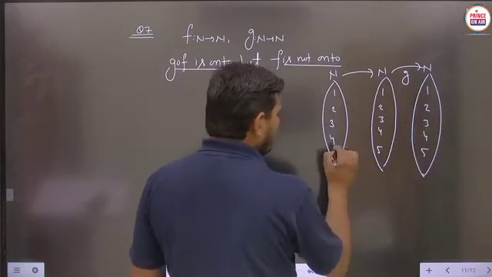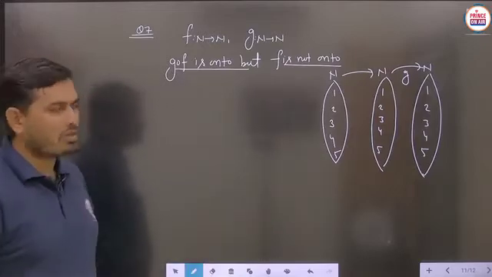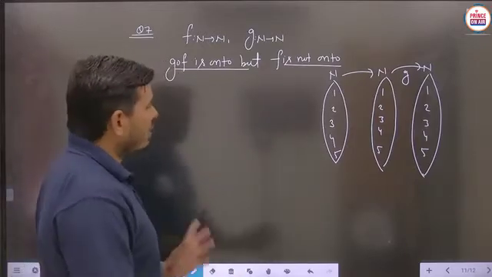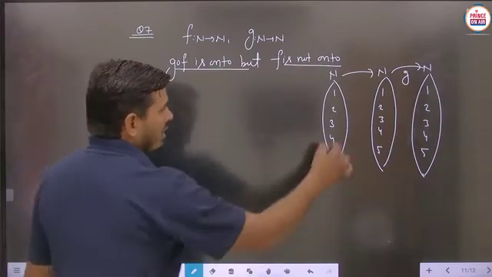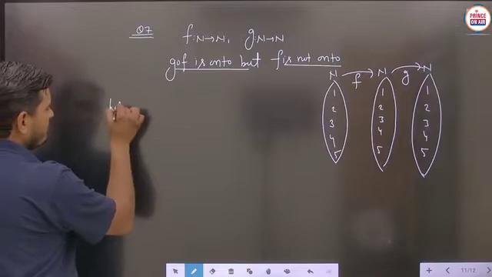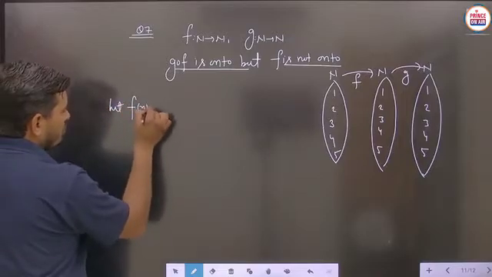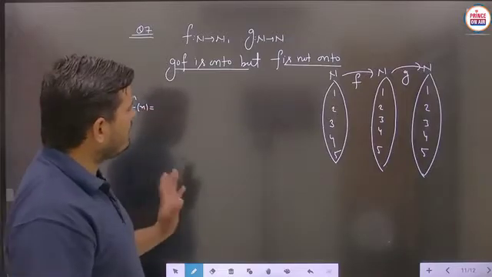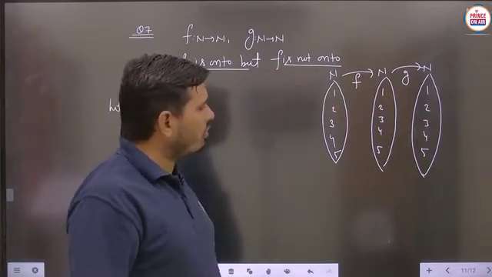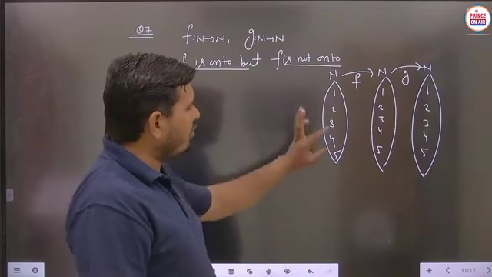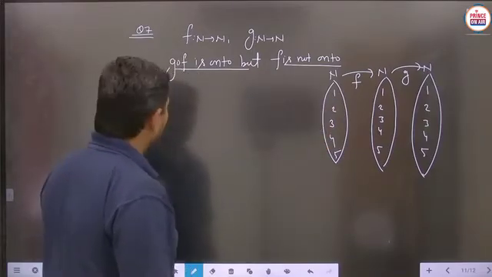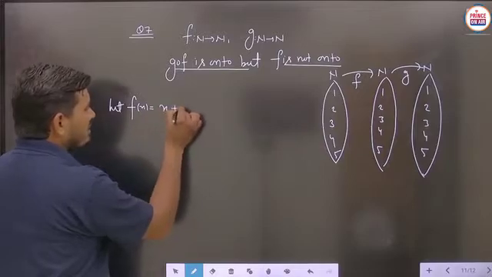Is it to be clear? Because you know very well all the functions are to be defined from natural number to natural number. Now we have to declare the function f(x). So let f(x) equals, suppose it is one-one, but we are not taking it as onto, meaning some element does not have a pre-image here. So suppose we take the function as x plus 1.